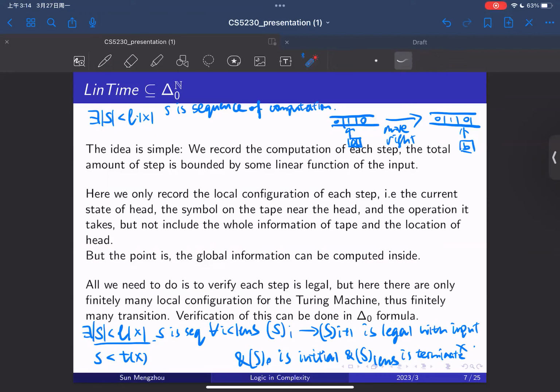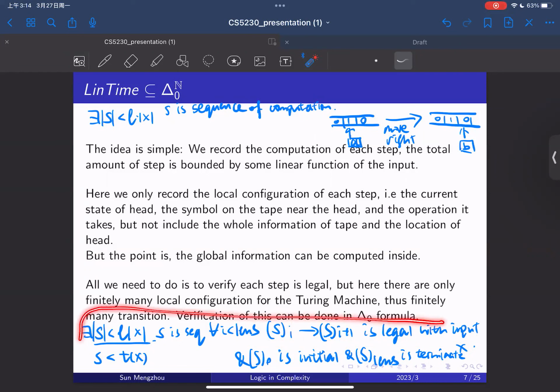So since there are only finitely many transitions, we can verify this thing. So the transition from the configuration Si to Si plus 1 with input x is legal. We can verify this using a delta zero formula.